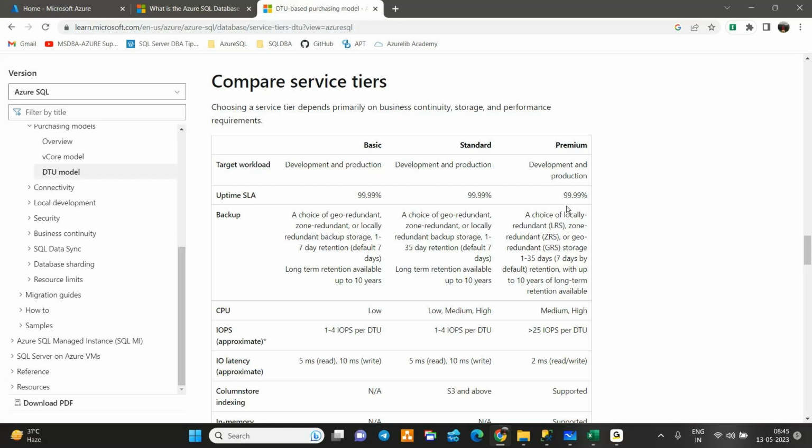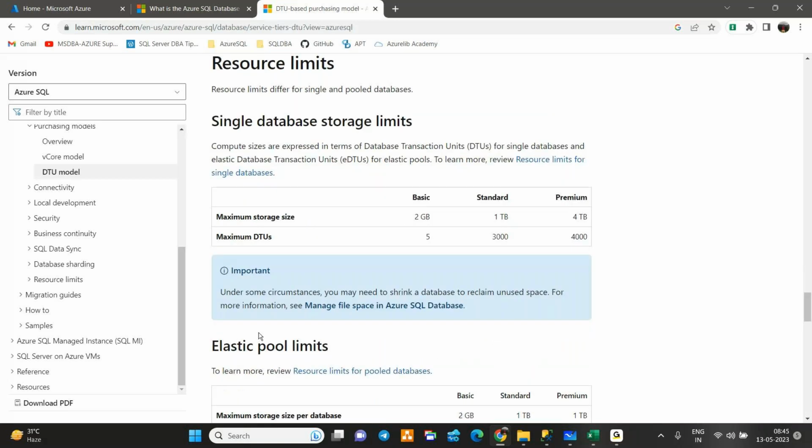Now, this is very important. When you go to basic, your database size can be a maximum of 2 GB, and you get only 5 DTUs. Sir, what can I do with 5 DTUs? Getting my point?